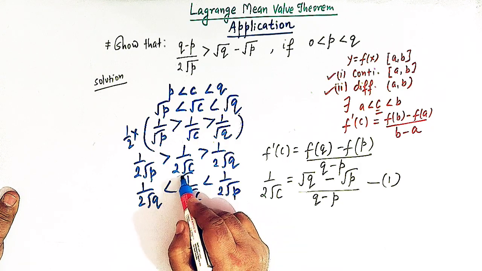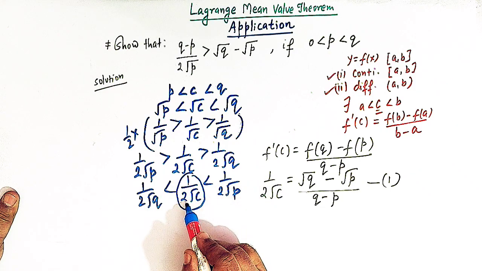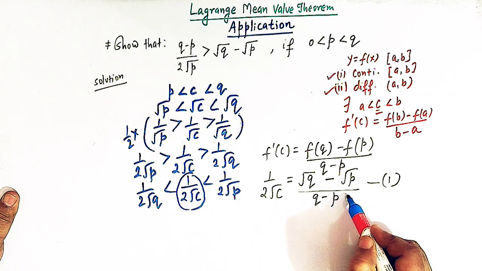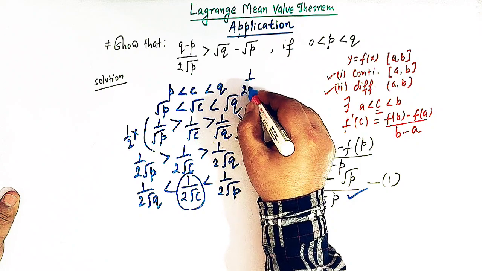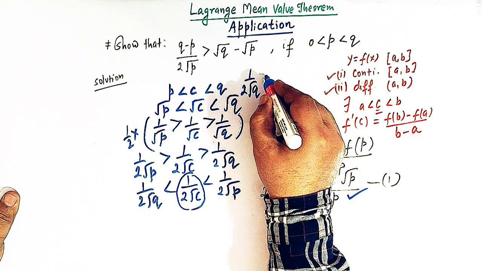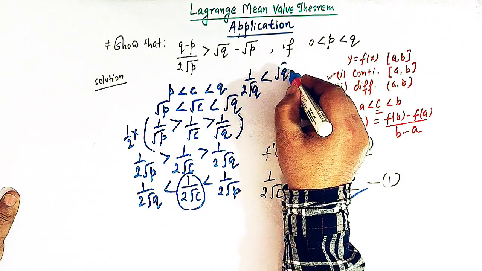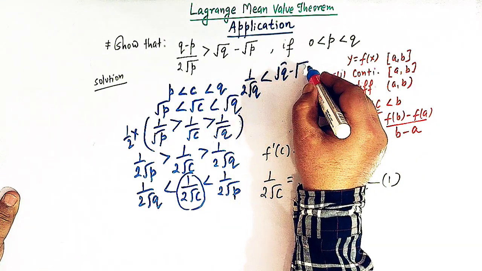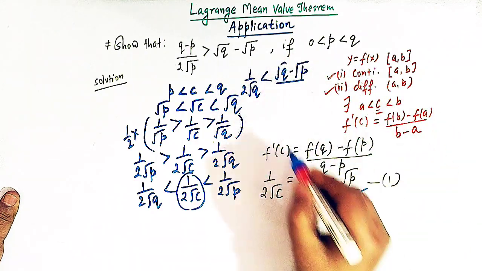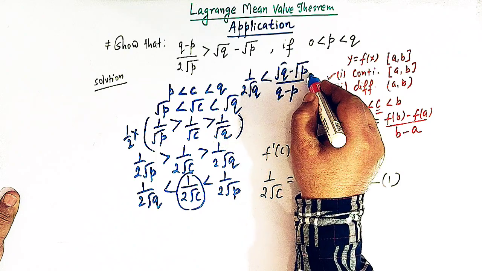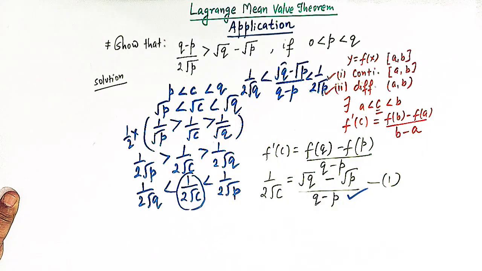Okay, so now here we have obtained this term, that is 1 over 2 times square root of C. So replacing this term by this expression, what we will get, we have 1 over 2 times square root of Q, and then we have here square root of Q minus square root of P over Q minus P, and this is less than 1 over 2 times square root of P, right?